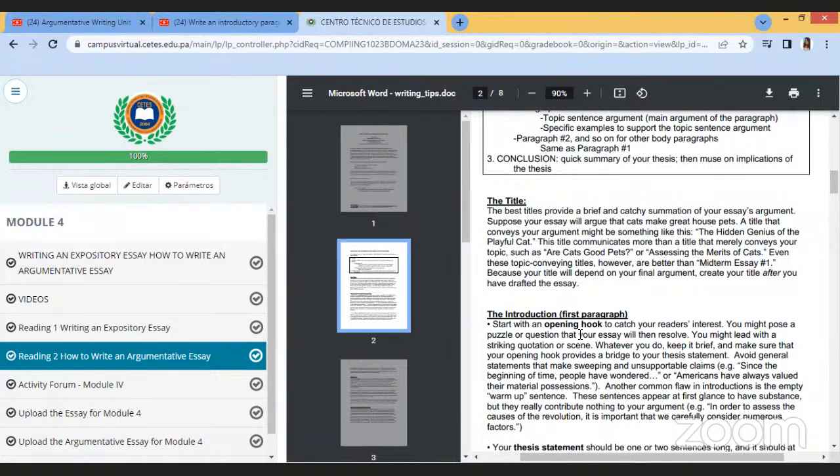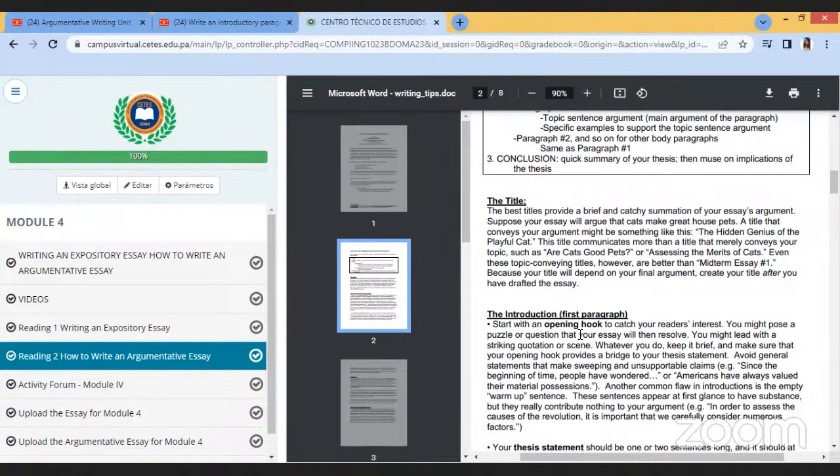So start with an opening hook to catch your reader's interest. You may pose a puzzle or question that your essay will then resolve, and you might lead with a striking quotation or scene. Whatever you do, keep it brief and make sure that your opening hook provides a bridge to your thesis statement.